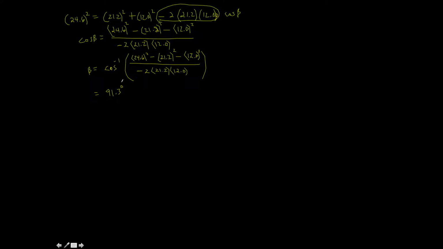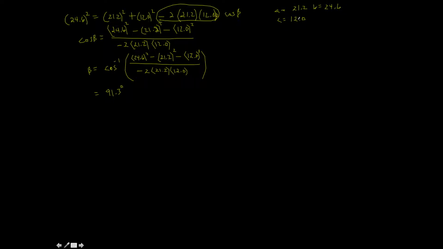Okay, so that angle was obtuse. That's why we chose the longest side, so it would be obtuse. Remember, since it erased it, our sides are A equals 21.2, B equals 24.6, and C equals 12.0.